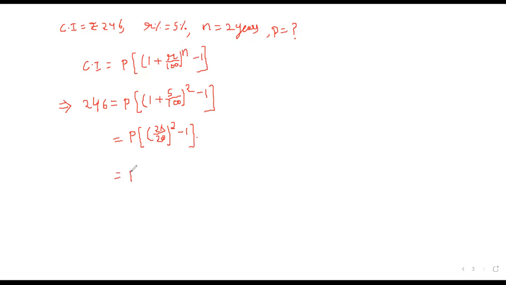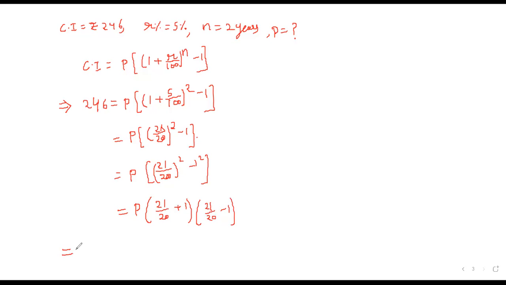minus 1 equals P into (21 by 20 whole square minus 1 square). So we can use a square minus b square, which is (a plus b) into (a minus b).